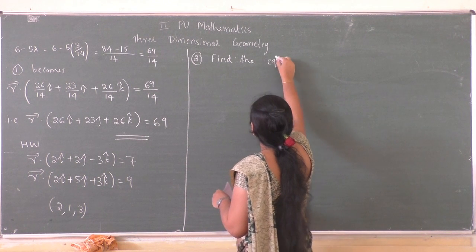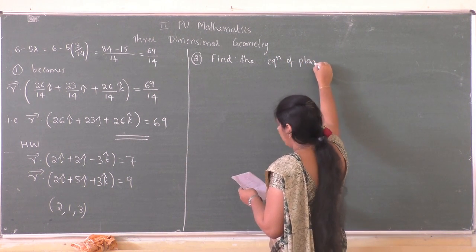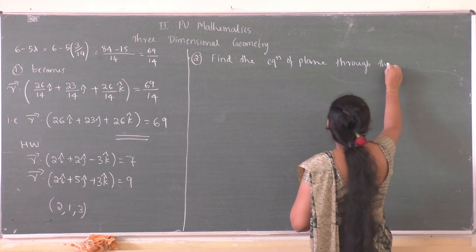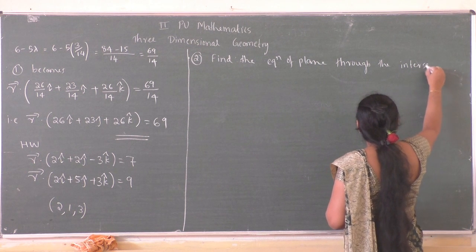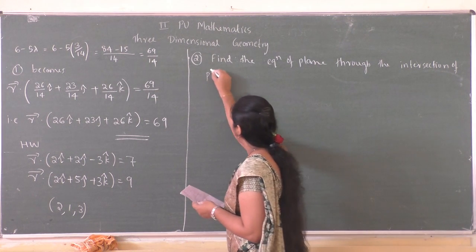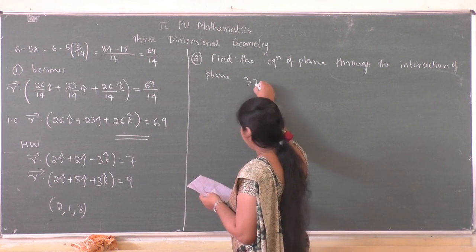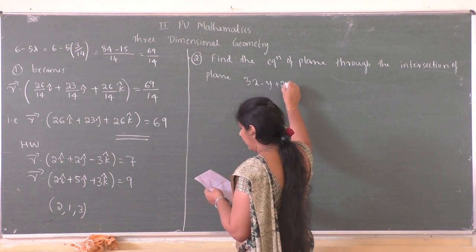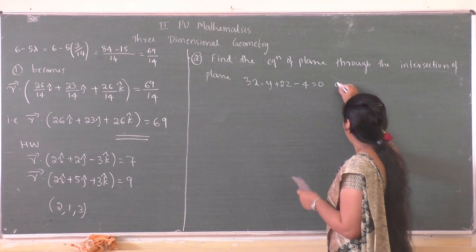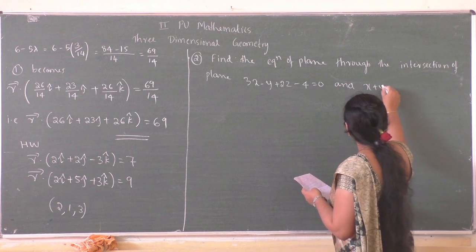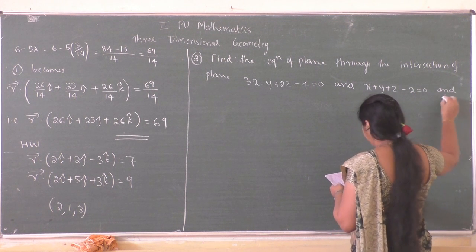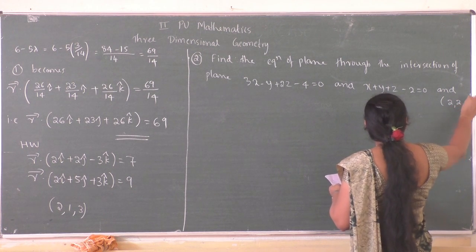Find the equation of the plane through the intersection of planes 3x minus y plus 2z minus 4 equal to 0 and x plus y plus z minus 2 equal to 0 and the point 2, 2, 1.